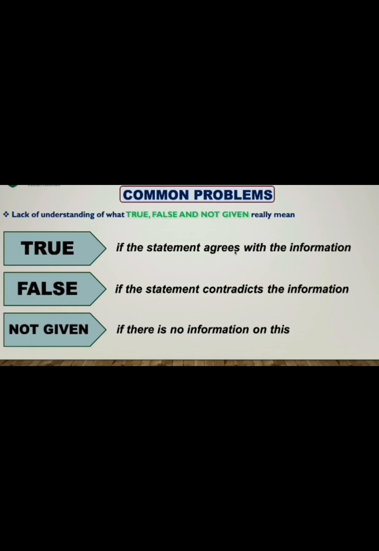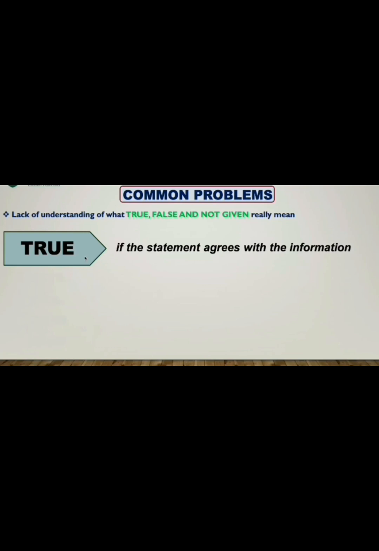So let's take a look at the first one, true if the statement agrees with the information. So lots of IELTS students generally don't have a problem with the true aspect of this question type, but let's try to take a look at what it means.